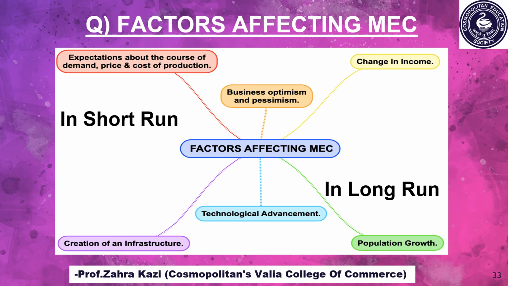The last long-term factor is creation of infrastructure. If the country is engaged in the development of industries, transport facilities, and various types of public utilities, then in the long run, this will create a favorable impact on the MEC.